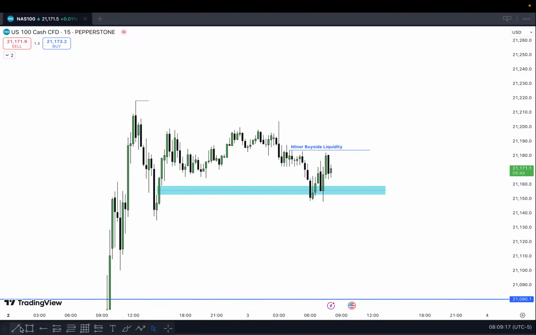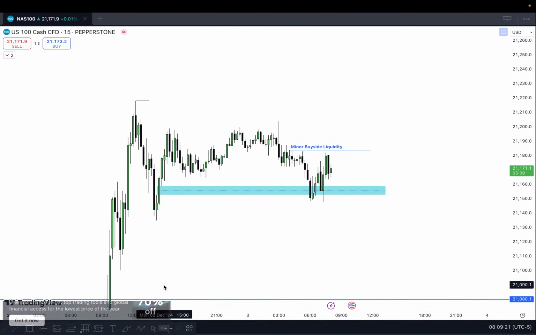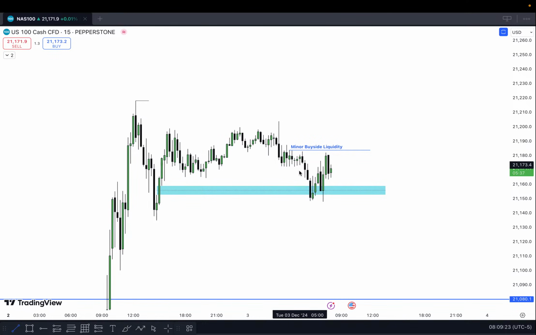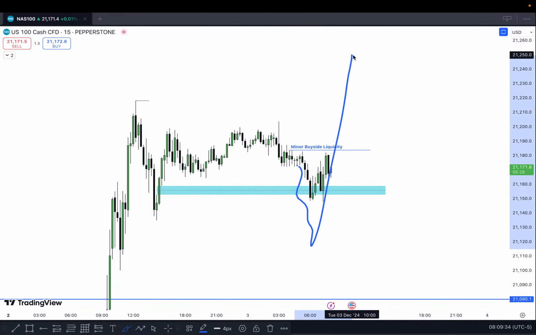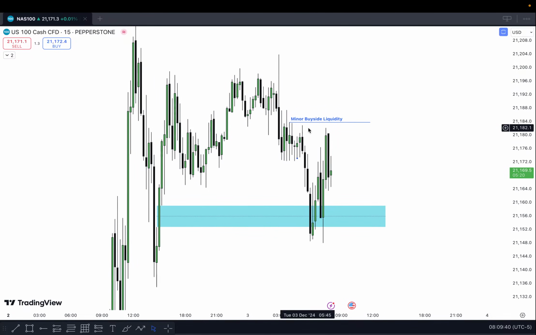Okay, although this whole price action is also good, but if it was more impulsive in nature like this, then I think we would have seen all-time highs. It is possible from here also, but I want to see something like this and then boom. If something like this had happened it would have been better, but right now I'll try to attack the minor buy side liquidity here.